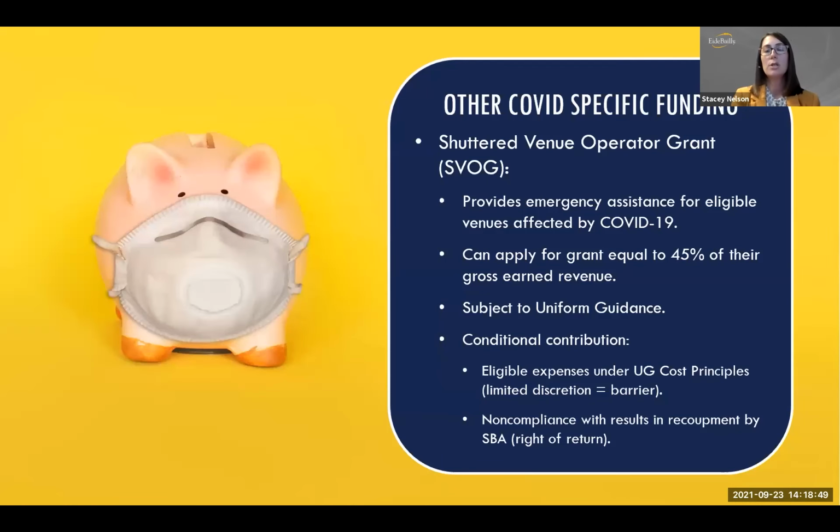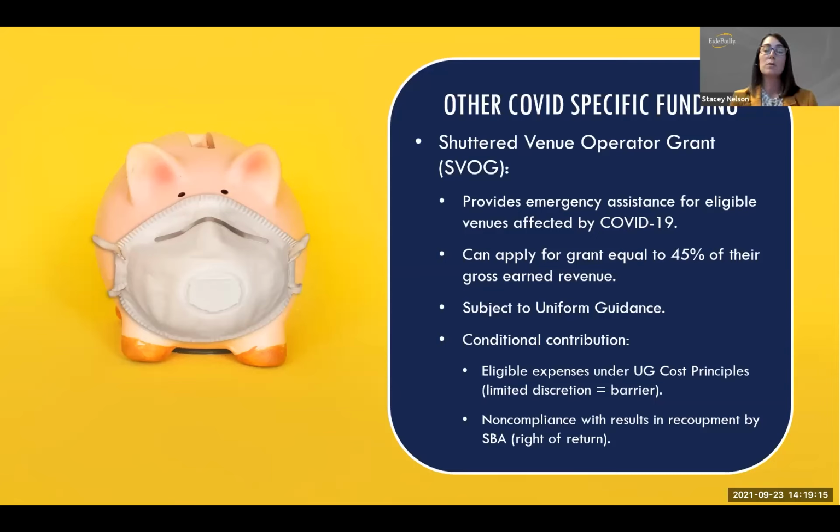We also have the shuttered venue operator grant, which is going to be pretty common for our performing arts theaters, movie theaters, live event operators, and could even be certain museum operators, zoos, or aquariums. This provided emergency assistance for eligible venues that were affected by COVID-19, and they were eligible to apply for a grant equal to 45% of their gross earned revenue.